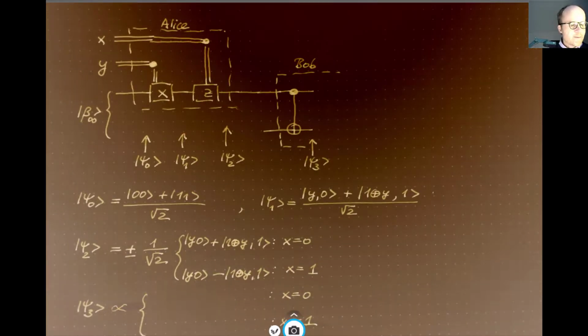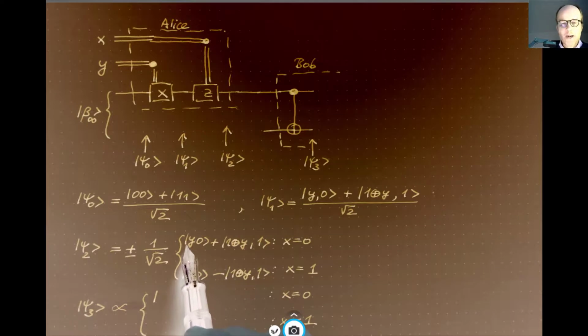So what effect does the controlled NOT have? Let's consider first this basis state here, y0. If y is equal to 0, then y is the control qubit.